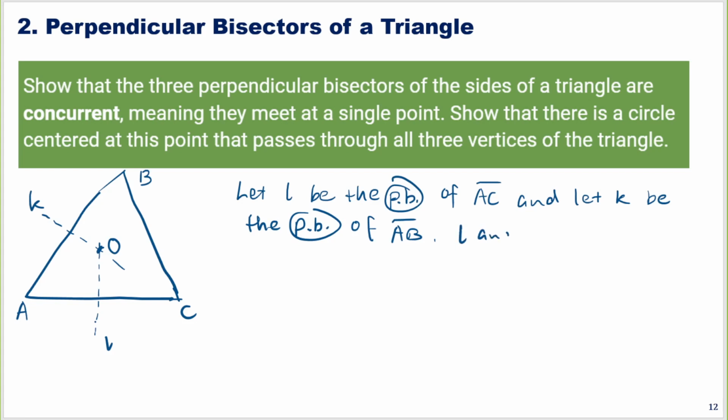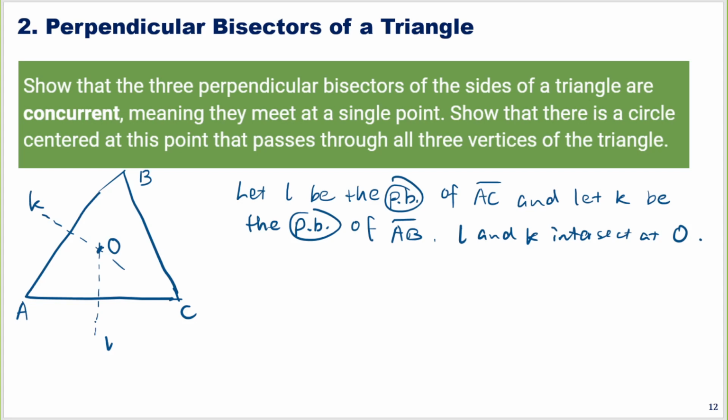L and K intersect at point O. We wish to show O is also on the perpendicular bisector of BC.